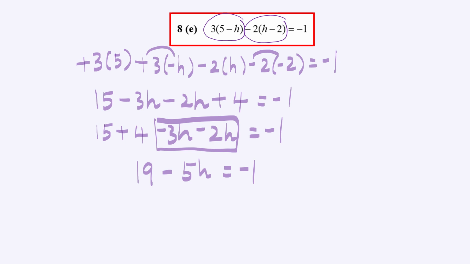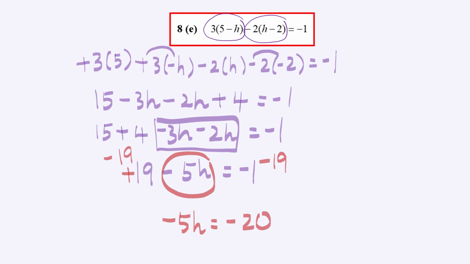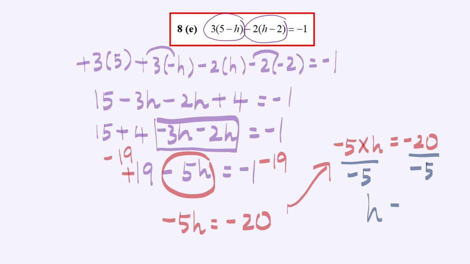So 19 means positive 19, so I'm going to get rid of it. What is remaining is negative 5h equals negative 20. Negative 5h means negative 5 times h. To get rid of negative 5, divide by negative 5 on both sides, and we have h equals 4.